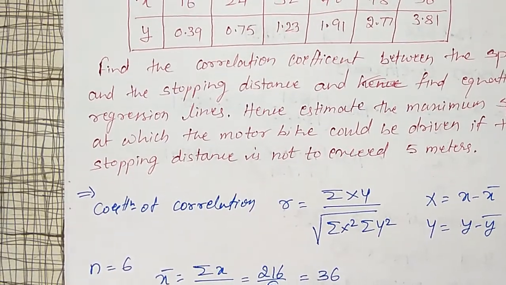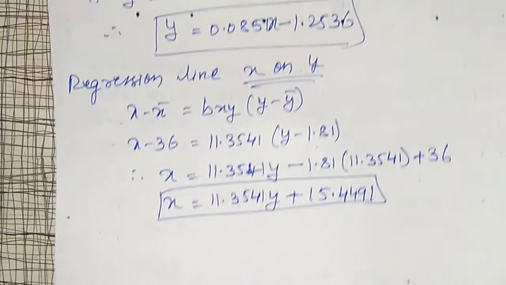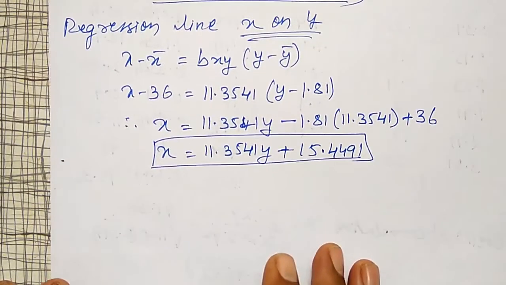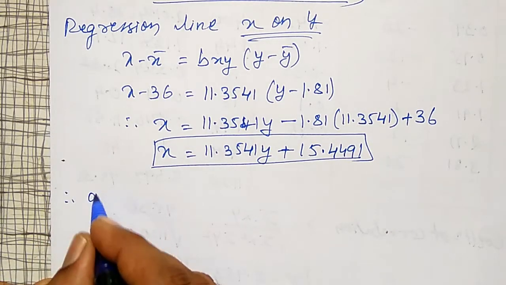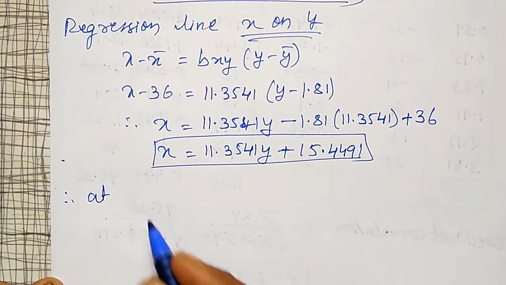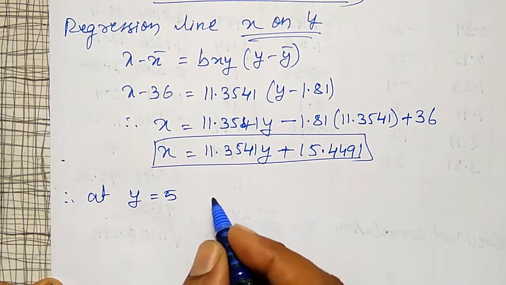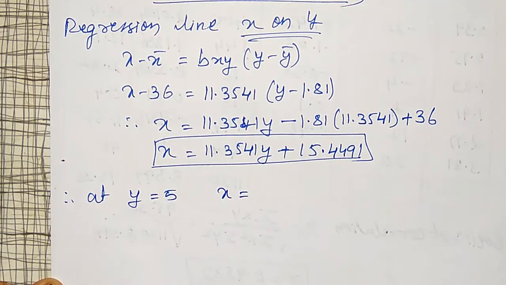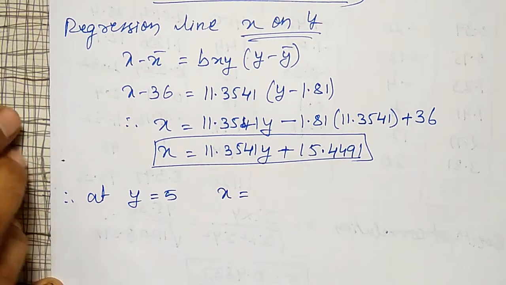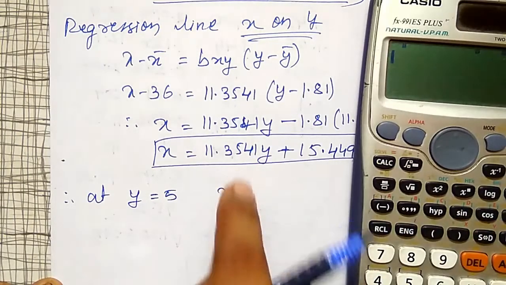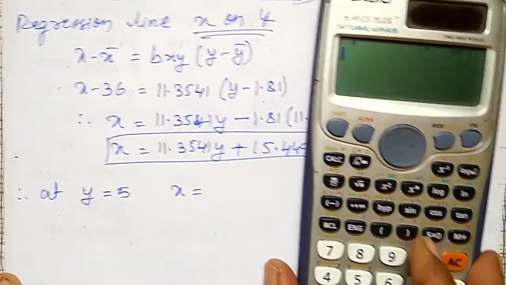Y should not exceed 5 meters. Therefore, at y equal to 5, I have to calculate x, the speed. I will substitute y equal to 5 in this formula.